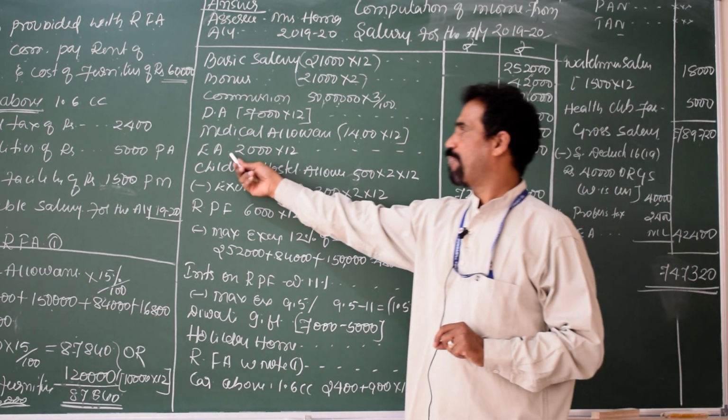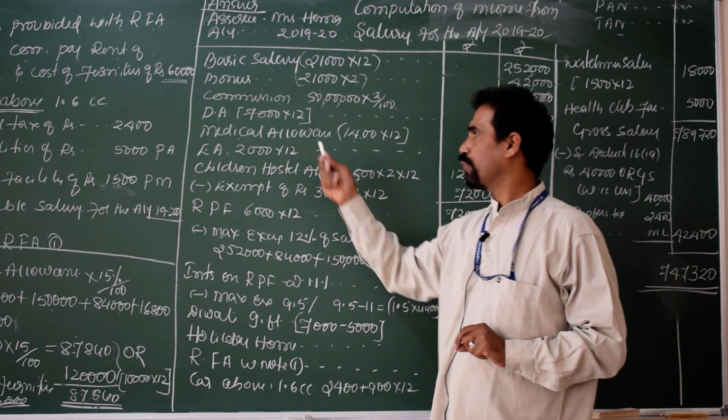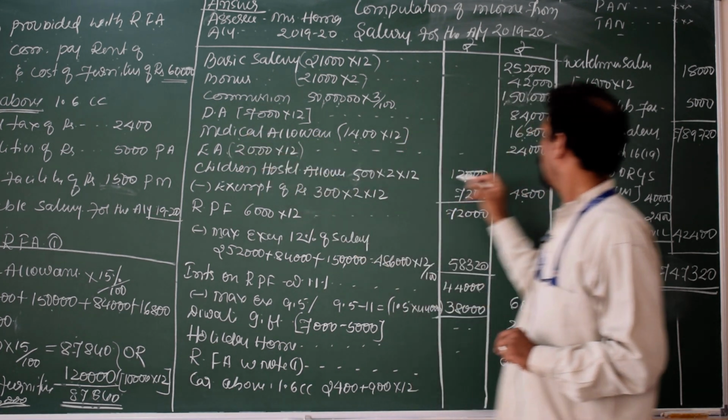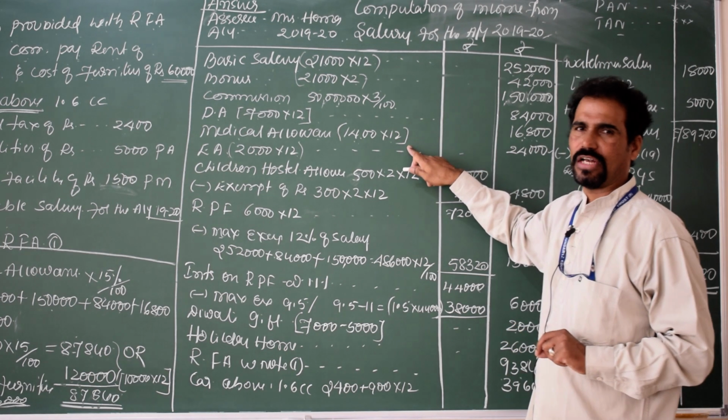Next, EA part. EA is given 2,000 per month into 12 months, it comes to 24,000. So this is the common process of calculations.